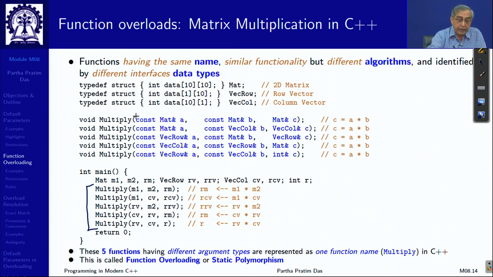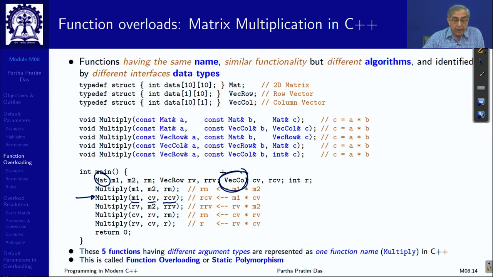That is where the parameter types become important. If you look at this second function, multiply M1 CV RCV, M1 is of type mat, CV is of type column vector, vec_col, and RCV is also of type column vector.